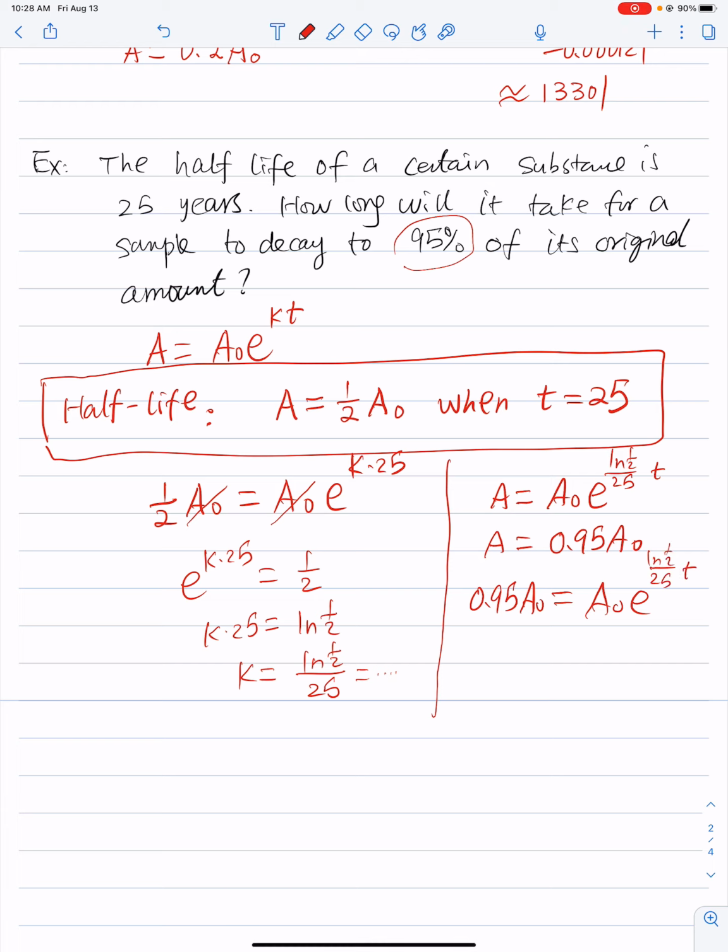Then A0 cancels, and you solve the same way. I have the answer key here: t is 1.9 years. You should choose how many decimal places depending on the question. For this question, you use 1 decimal, so you choose 1.9. Okay, so that's for this section.